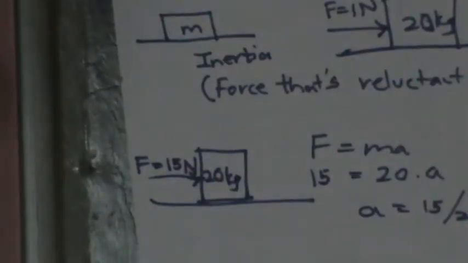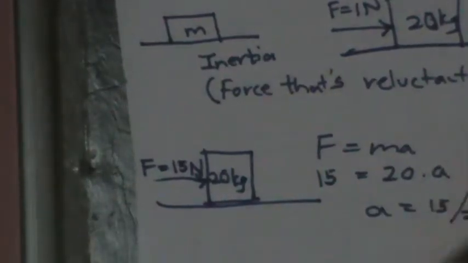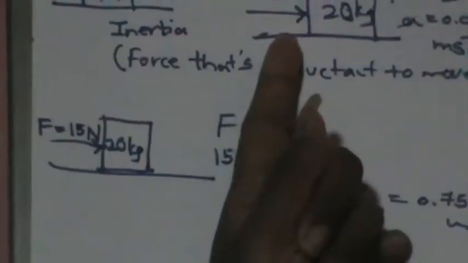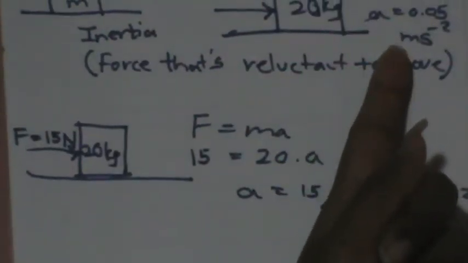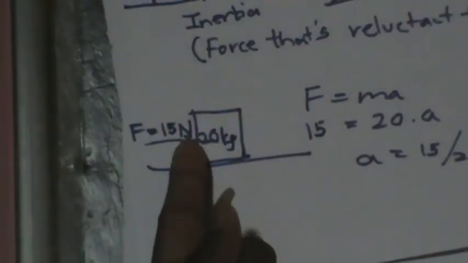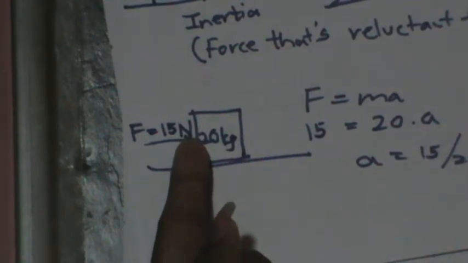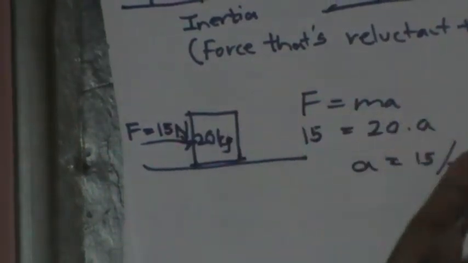This is 15 times larger than the acceleration we observed by applying a force of 1 newton, 0.05 meters per second squared. The acceleration is proportional to the force, so it should be 15 times the acceleration observed. Right?